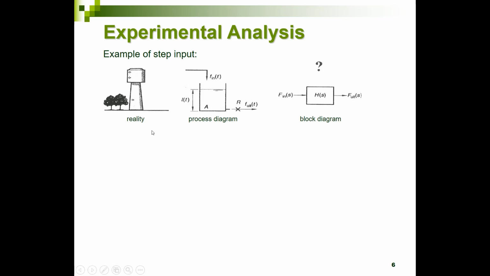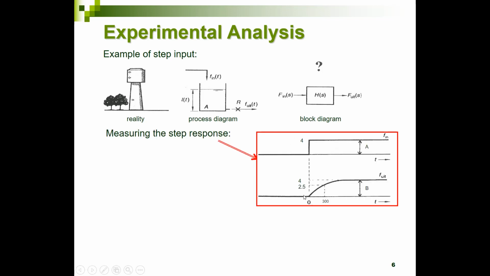So suppose I have a system over here, a water tower for instance, and my process diagram looks like this. I could model it like a container filled with water and water is flowing in and water is flowing out. But I don't know anything about the system parameters. So what I can do is put some inputs over here and look at the outputs and I can derive my process parameters.